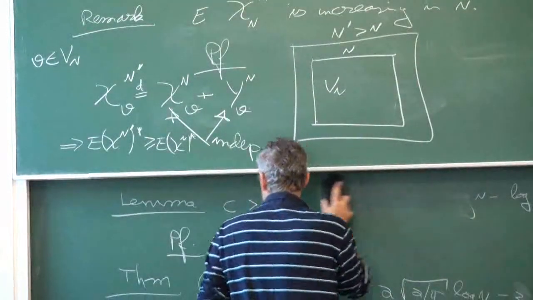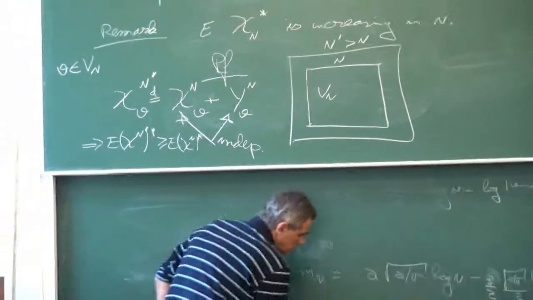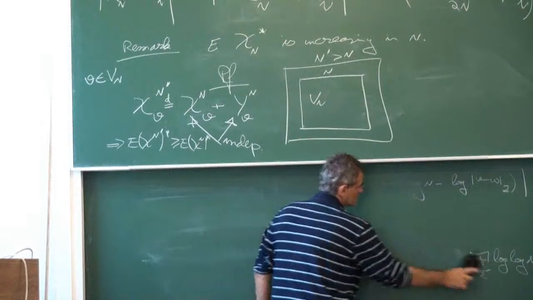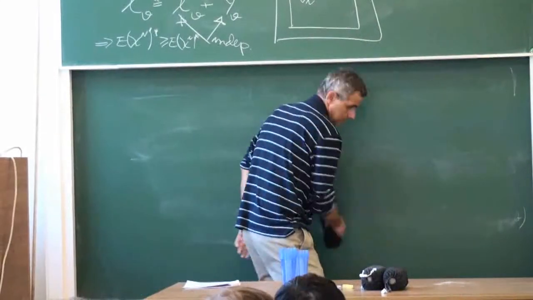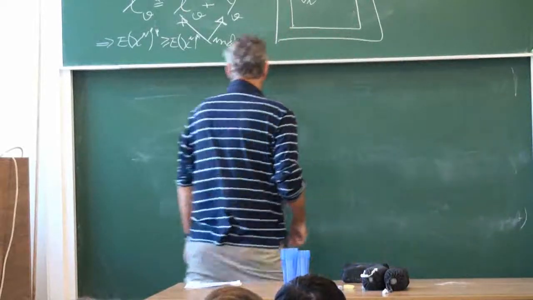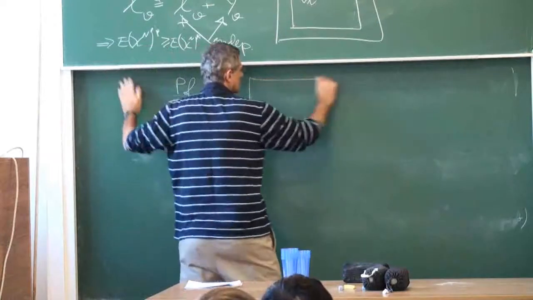Okay, so now we'll do the proof. And you can already kind of imagine the proof. So let's take the proof. Here is my box of size 2n.